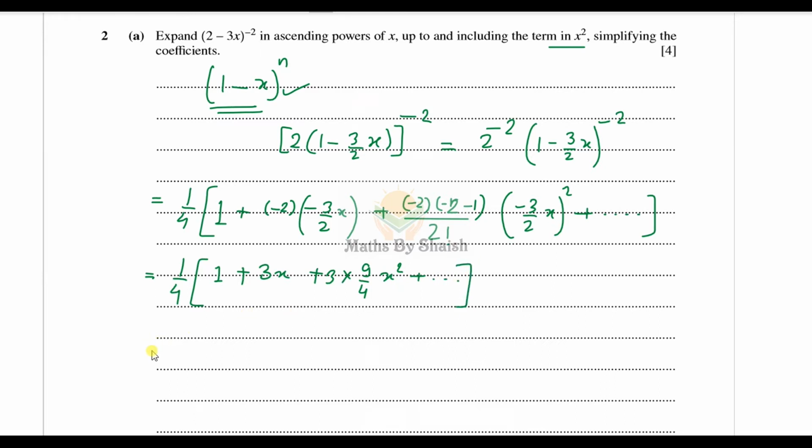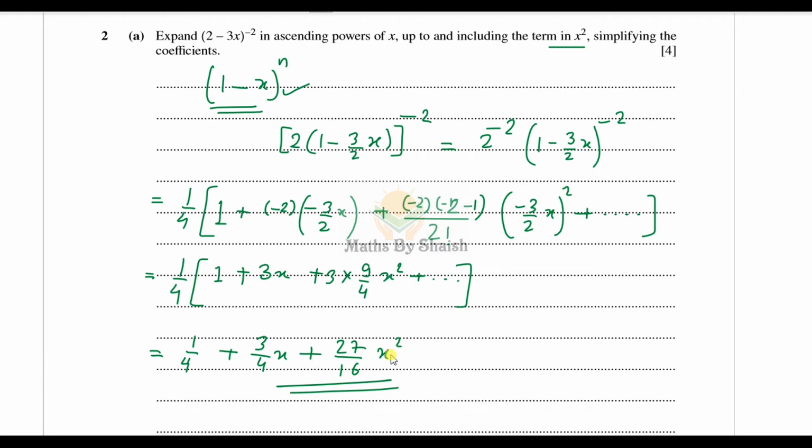So we'll write the last answer by multiplying 1 over 4 everywhere. 1 by 4 plus 3 by 4x plus 9 times 3 is 27, so 27 over 16, x squared. That is the answer up to and including the term x squared.